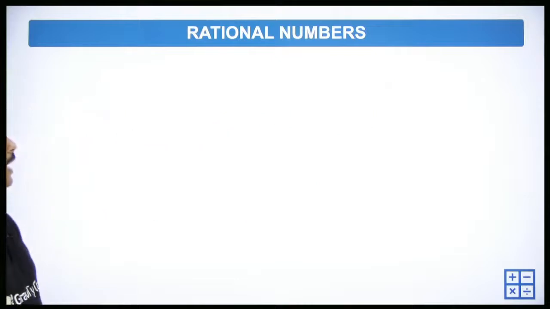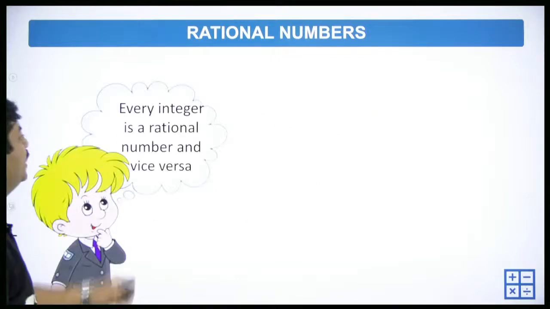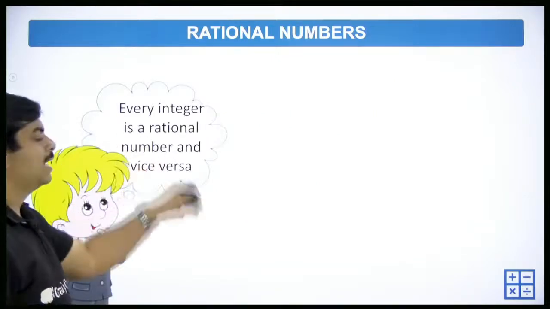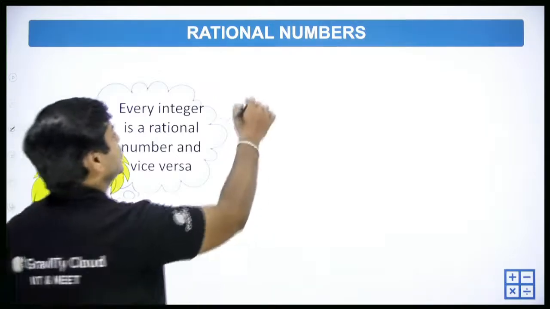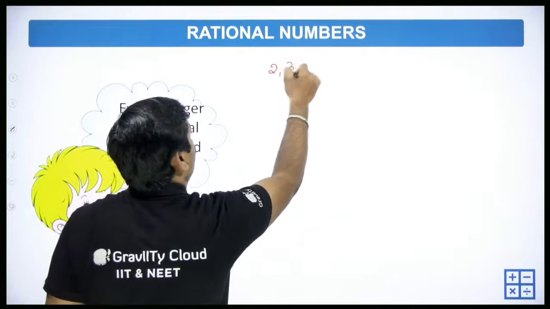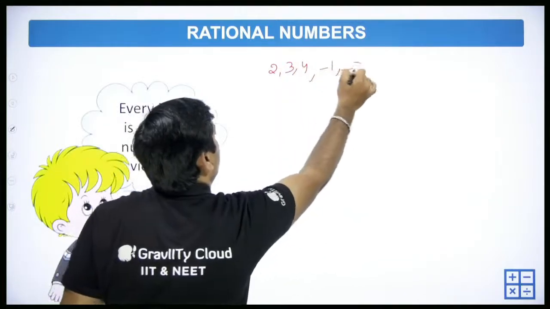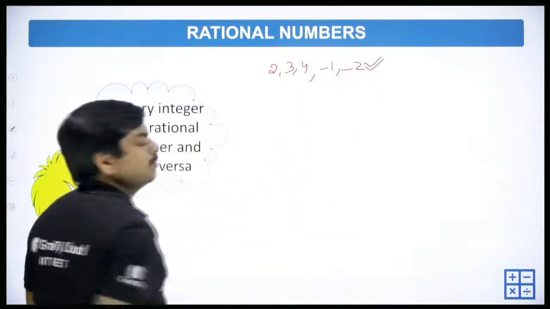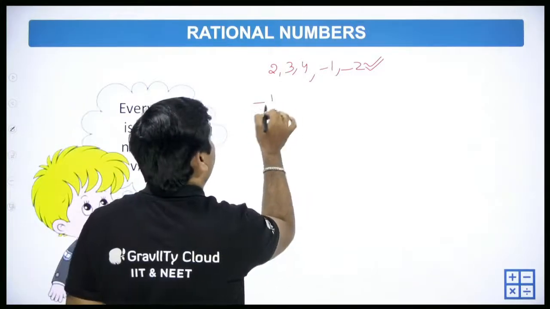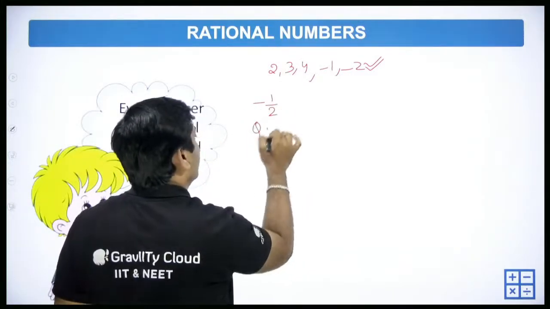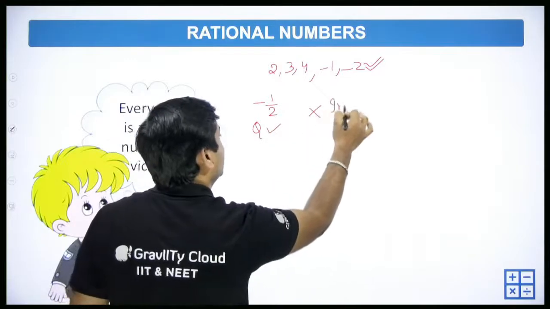Okay, so moving ahead, every integer is a rational number and vice versa. Yes, every integer, let's say 2, 3, 4, 5, minus 1, minus 2, all these are rational numbers. But minus 1 by 2 is a rational number but not an integer.